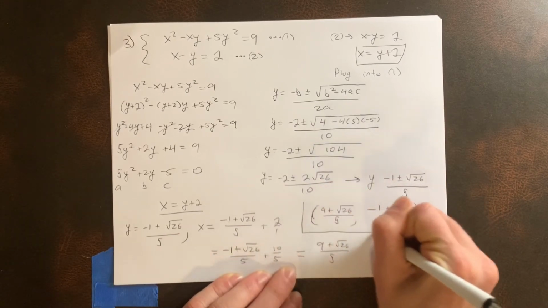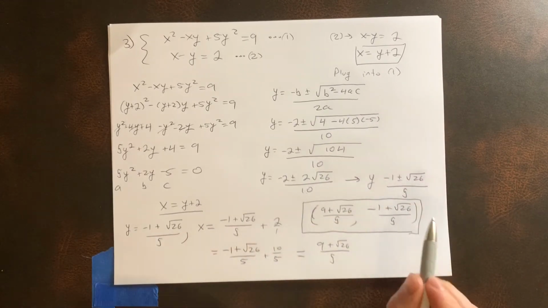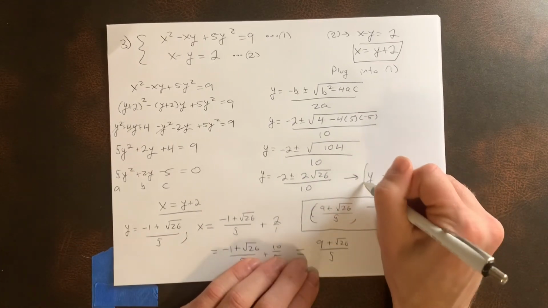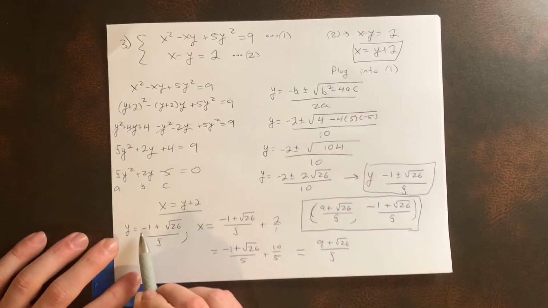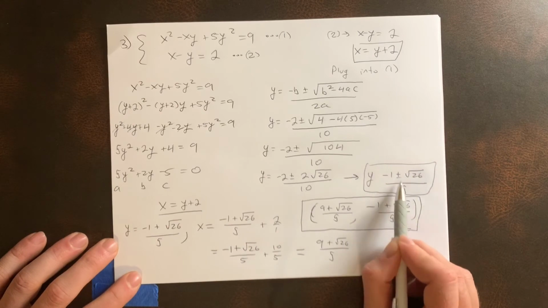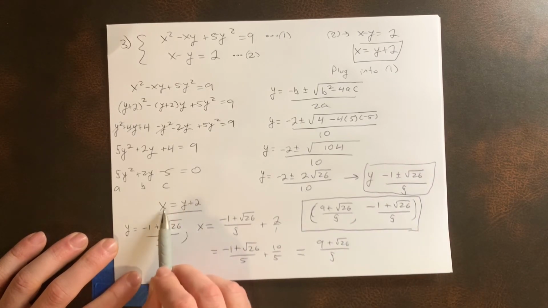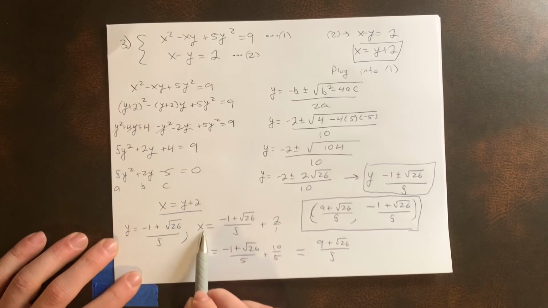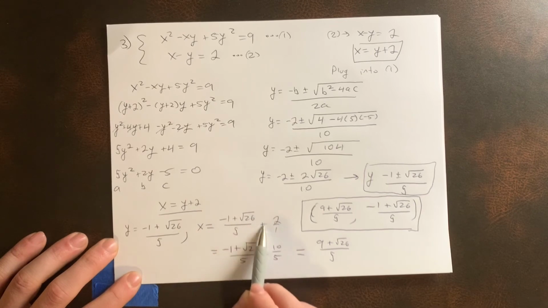Okay, so here's our first answer. Remember, here's what we found for y. When y is the plus version, minus 1 plus square root of 26 over 5 over here, we plug y into this formula to find x. So x is equal to y plus 2. Here's y. We're doing y plus 2.